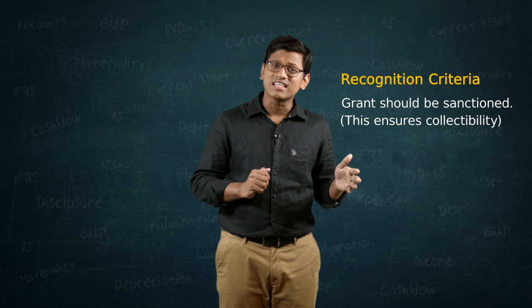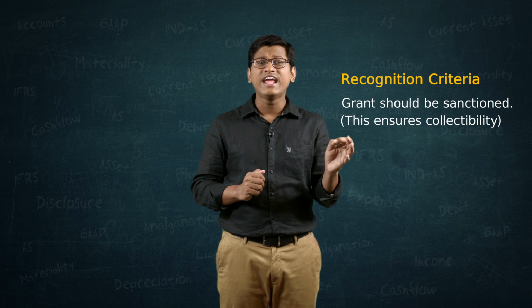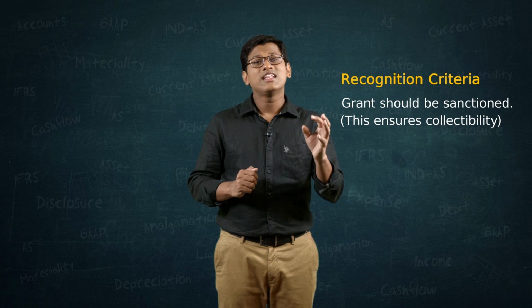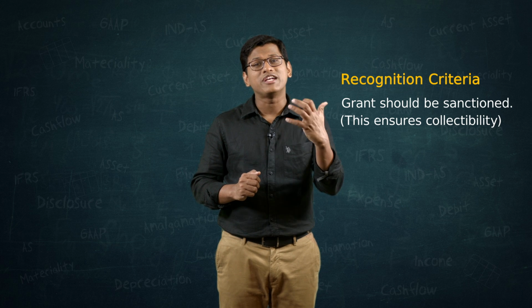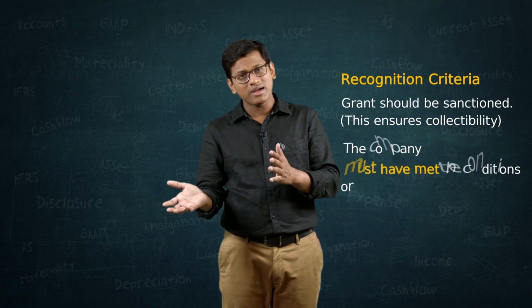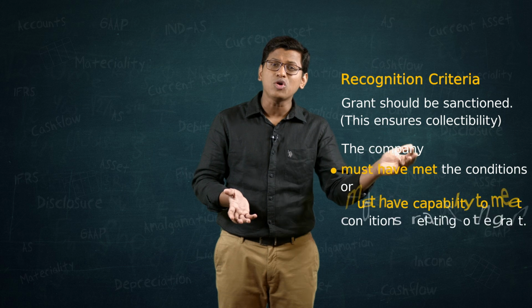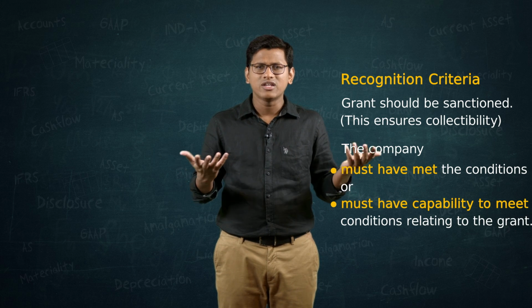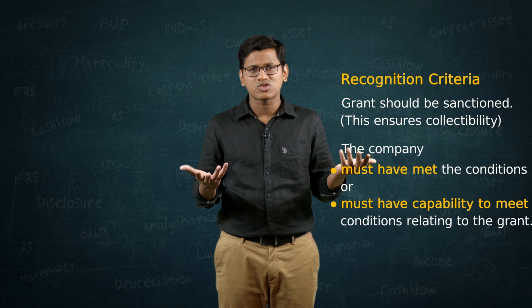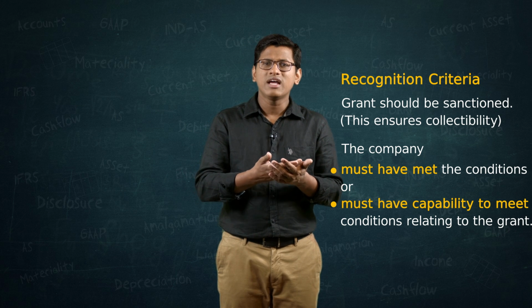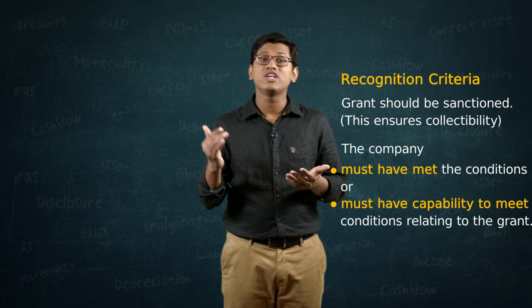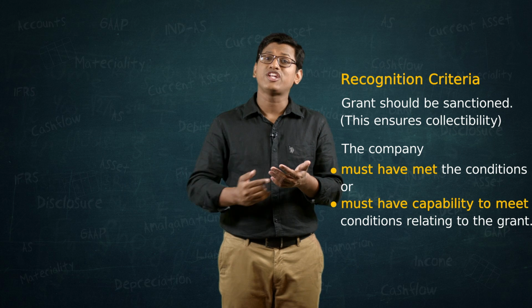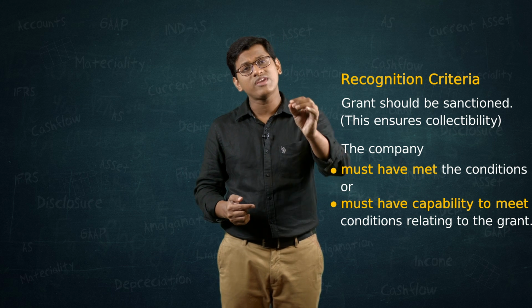The second thing is, conditions relating to the grant, the entity should have the capability to meet. So it should have already met them or it should have the capability to meet them in the future. No grant will come just like that. Everything will have conditions attached to it, right? If government is giving you an incentive, government says, you are doing this work and you will continue to do this, and for that we are giving you some benefit.